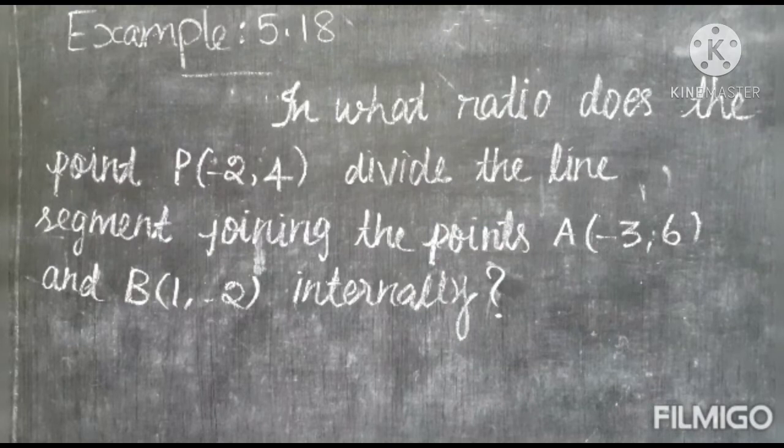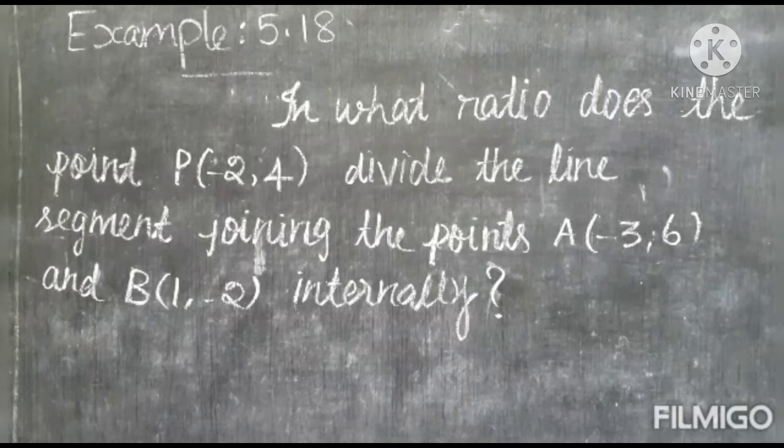Example 5.18. In what ratio does the point P (minus 2, 4) divide the line segment joining the points A (minus 3, 6) and B (1, minus 2) internally? Given points are A (minus 3, 6) and B (1, minus 2). P (minus 2, 4) divides AB internally in the ratio m:n.